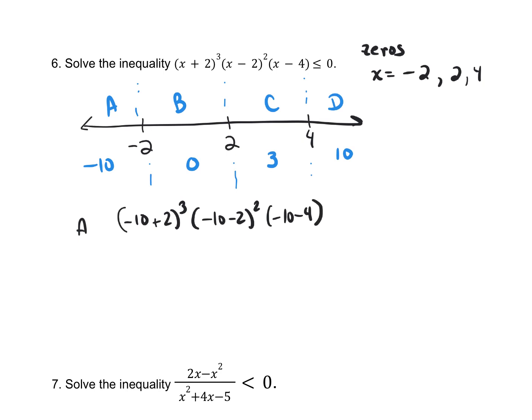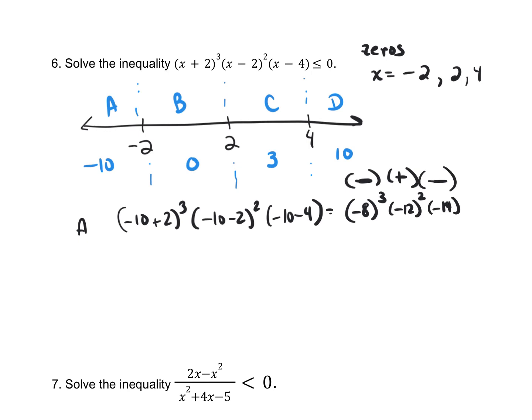Now, I don't really care about the numbers, I just care if it's negative or positive. So if I simplify this, I know this is -8 to the third power, which is going to be negative because it's 3 negatives. I have -12 squared. Well, anything squared is positive, and then -10 minus 4 is -14, which is negative.